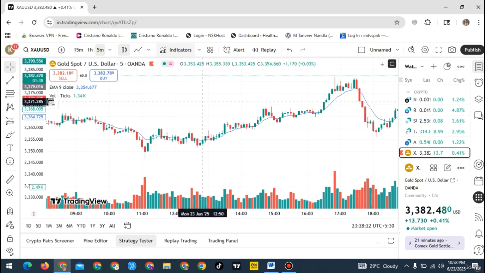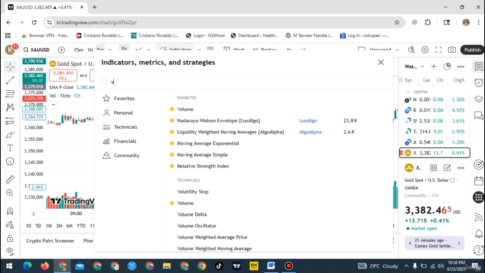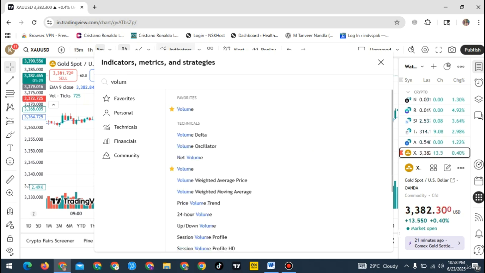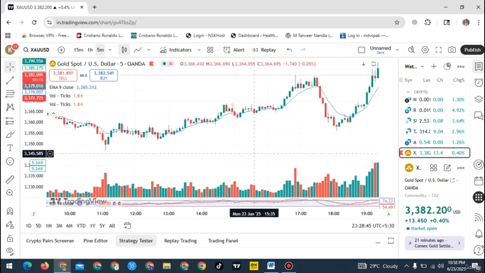Okay, I click it. You just write here volume, but I already listed the volume in a favorite. I also put the volume in a favorite list. So this is the volume. Just click it. Okay. So this is the volume.